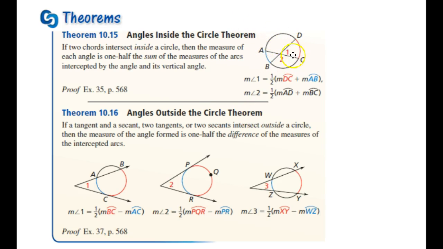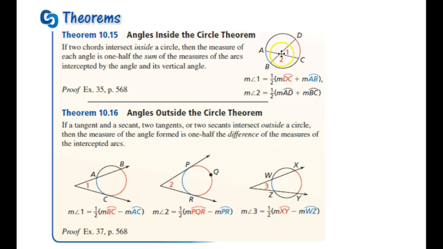So now let's first look when my lines intersect inside the circle. The measure of each angle is 1/2 the sum of the measures of arcs intercepted by the angle and its vertical angle. Here we're looking at vertical angles a lot. And remember, vertical angles are the ones that are across from each other. So let's look at angle 1 right here.